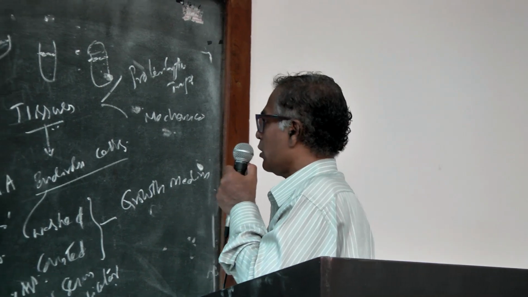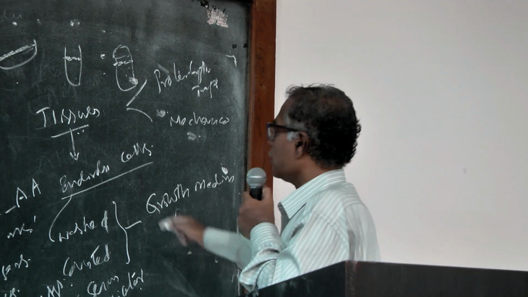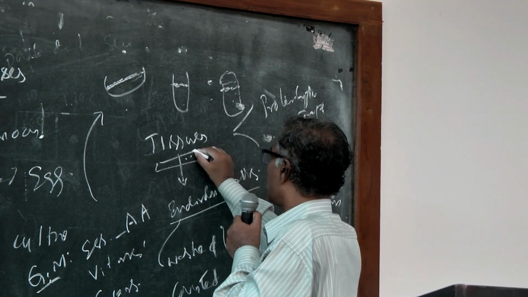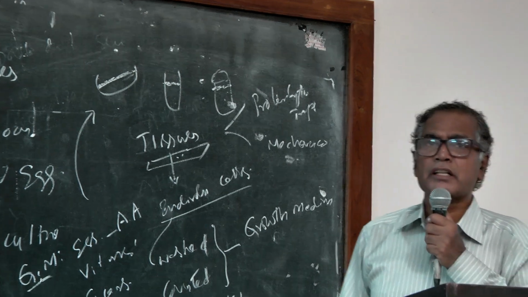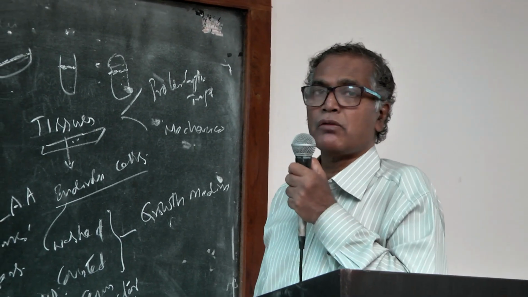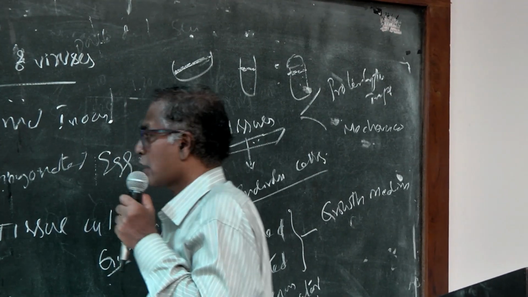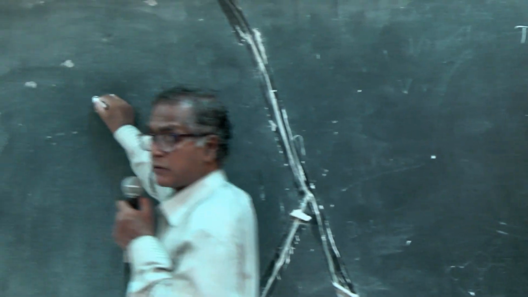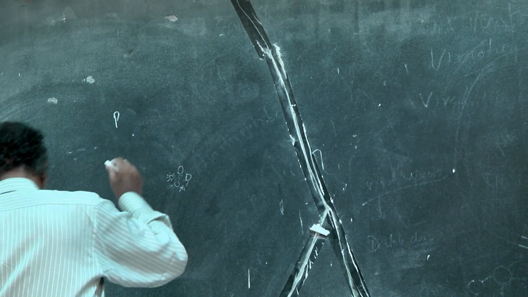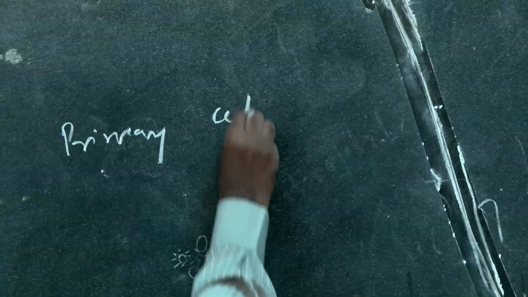Now we are coming on to the tissues. What are the types of tissues that can be used for the growth of the viruses? These include three types. One is the primary cell culture.